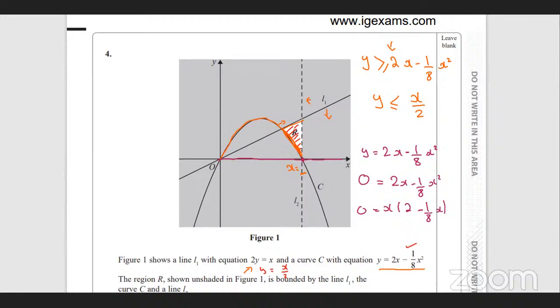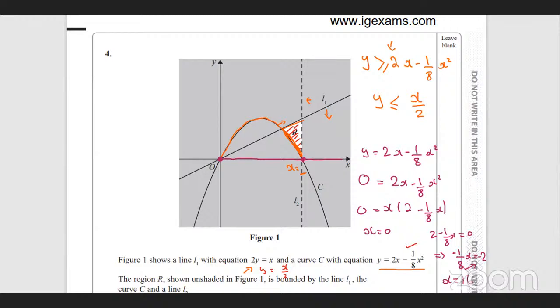Again, this is telling me either x is 0. Yes, this is x equals 0 and this point is 2 minus 1 by 8x equals 0. So this is going to give me minus 1 by 8x equals minus 2, and I can multiply this 8 on the other side and I will get x equals 16.